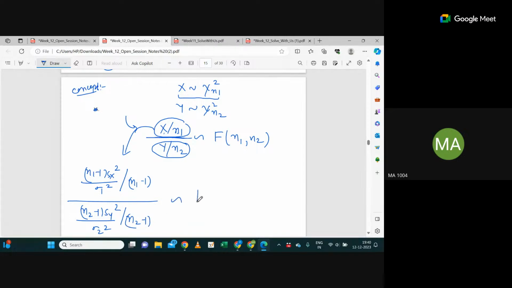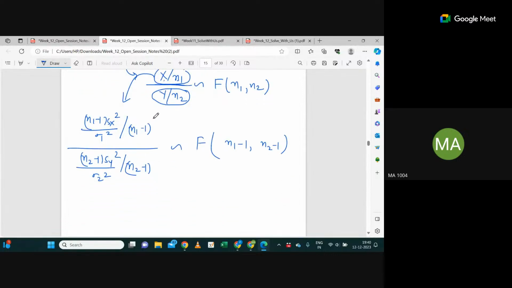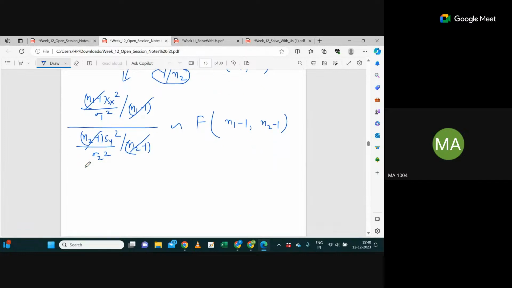It will follow F, with n1 minus 1 and n2 minus 1. Now n1 minus 1 will get cancelled out, n2 minus 1 will get cancelled out. So from here I got Sx squared divided by sigma 1 squared, and whole divided by Sy squared divided by sigma 2 squared. It will follow F with n1 minus 1 comma n2 minus 1.